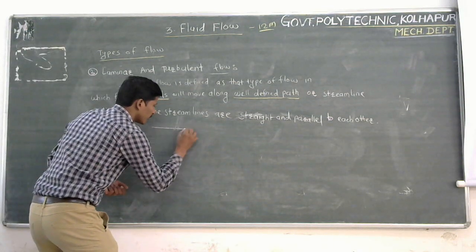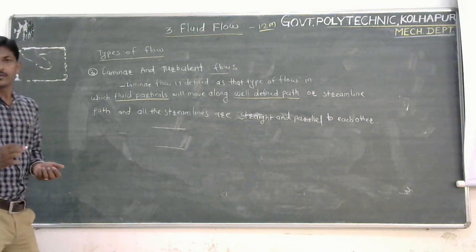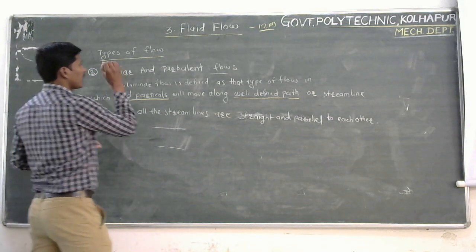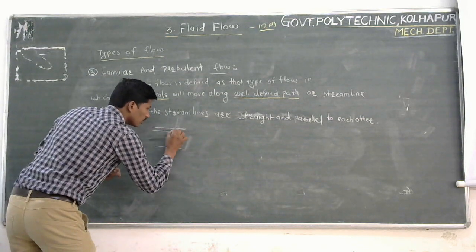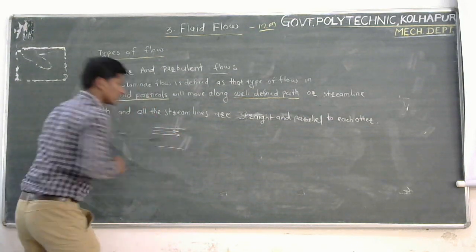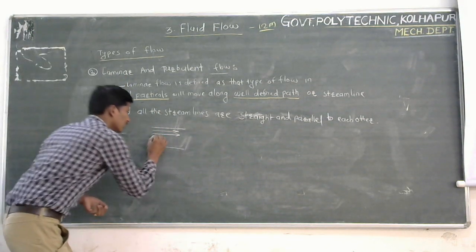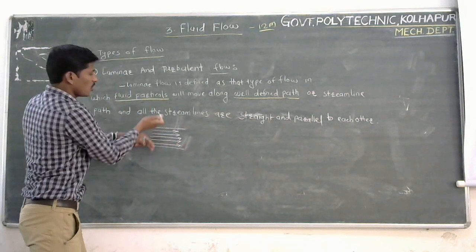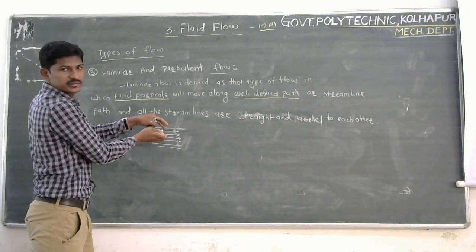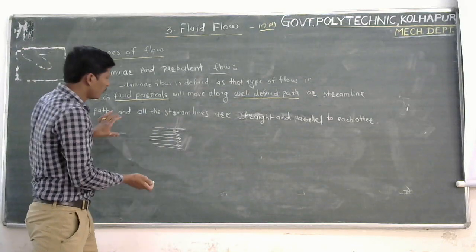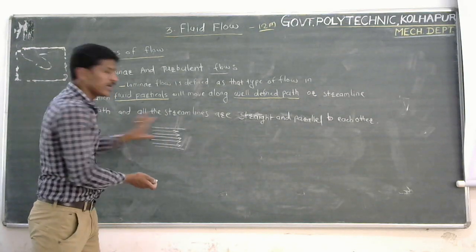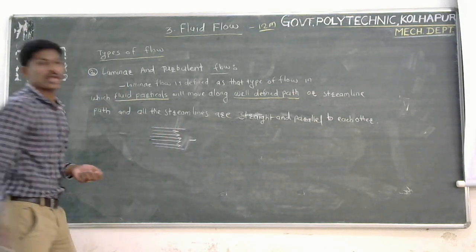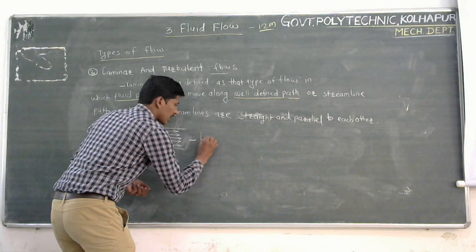Suppose we consider a closed channel or pipe flow, and fluid is flowing through this pipe. If the fluid particles or fluid layers move along the streamline path, there is no mixing of layers. These fluid layers are moving along a well-defined or straight path. Then it is called laminar flow.